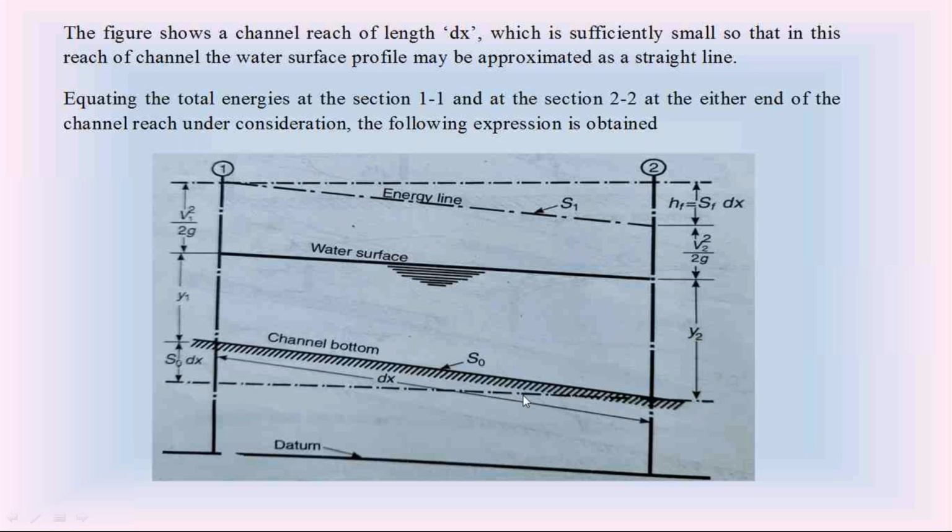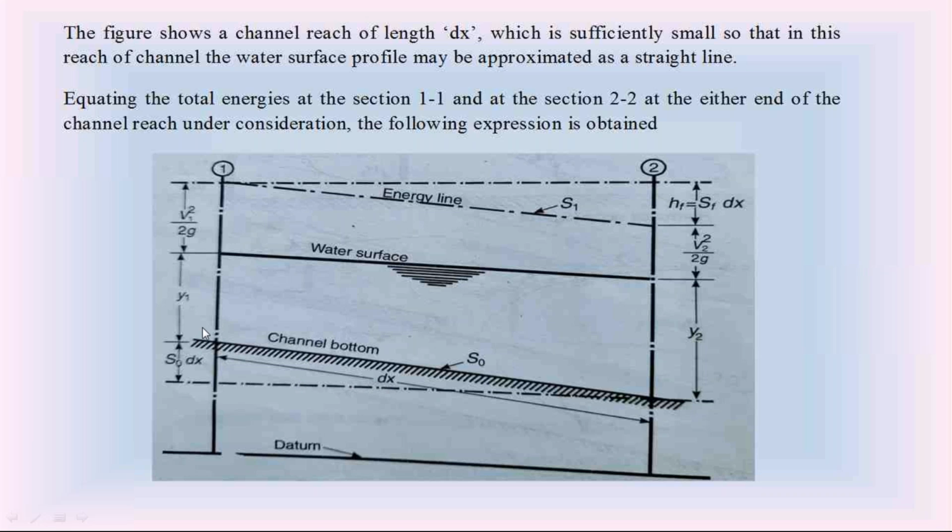From section 2, let the height of the channel bottom at section 1 be dy. Then tan theta is equal to dy divided by dx. But tan theta is equal to s0. So s0 is equal to this height dy divided by this length dx. So this height dy is equal to s0 into dx.